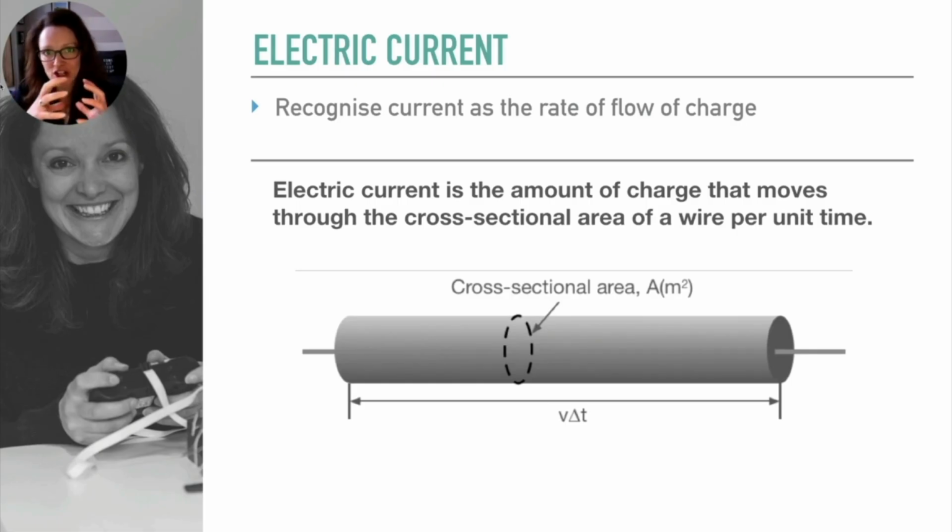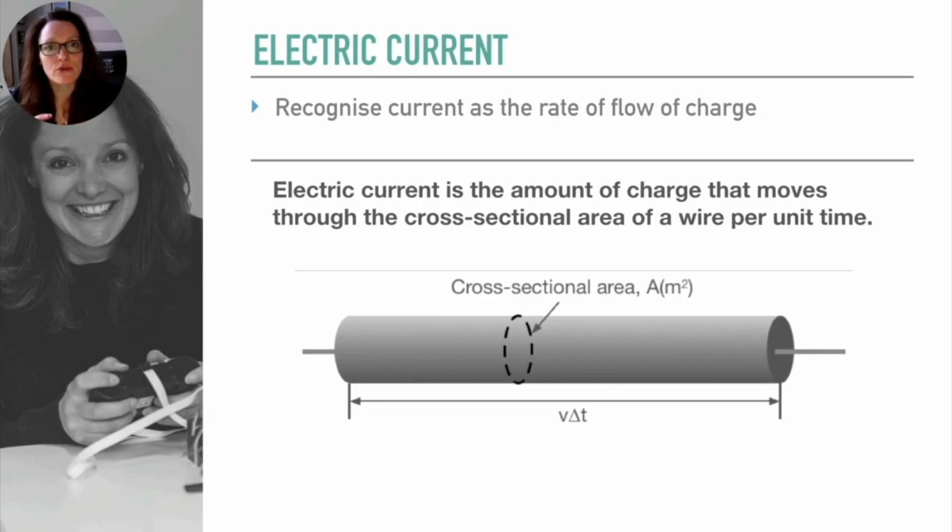So we looked at the flow of charge, and we now need to divide that by time to recognise current. Electric current is the amount of charge that moves through the cross-sectional area of a wire per unit time. Would I memorise that definition? No, I'd memorise the definition at the top that says current is the rate of flow of charge. It's easier and it means the same thing.